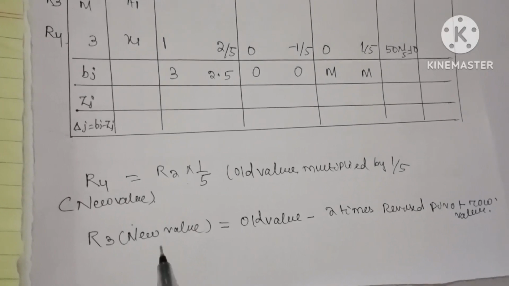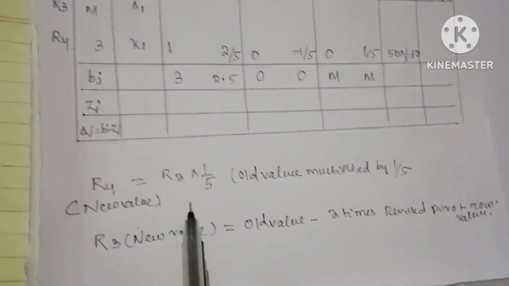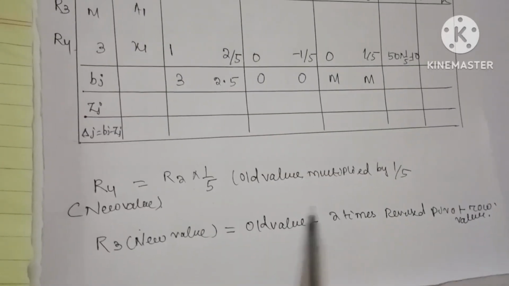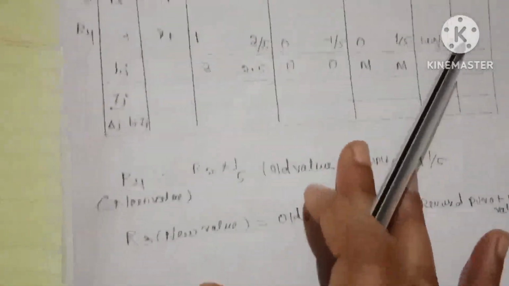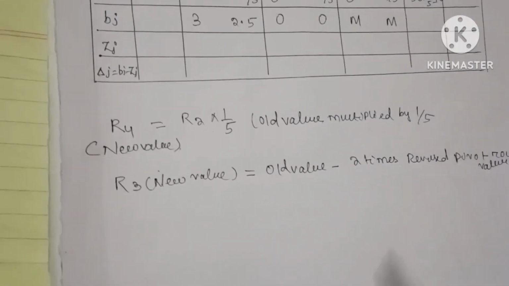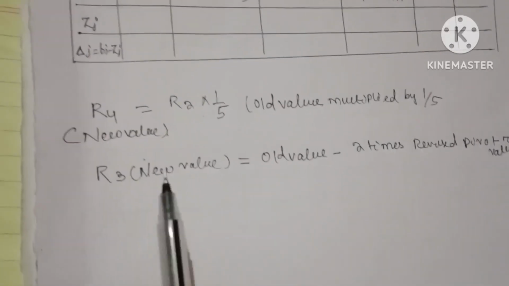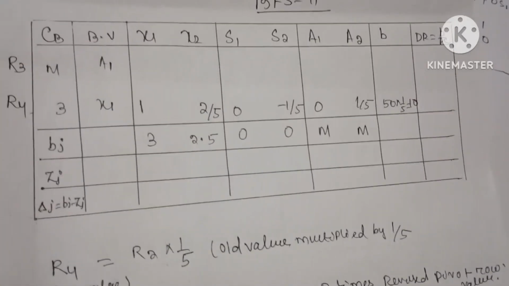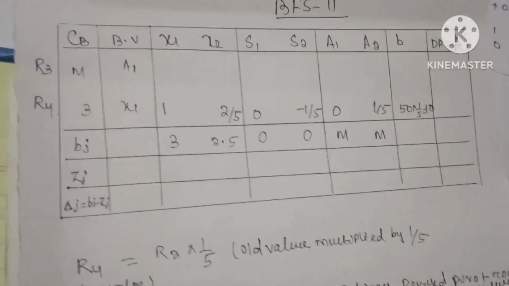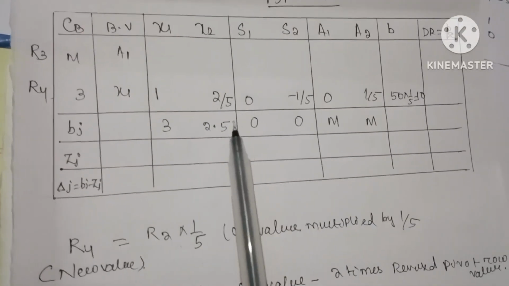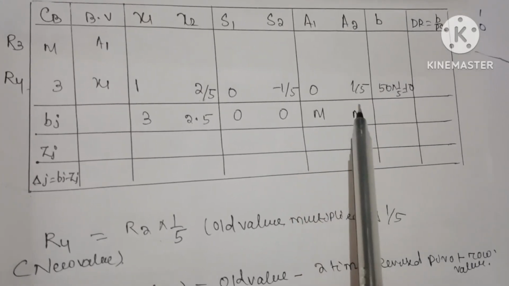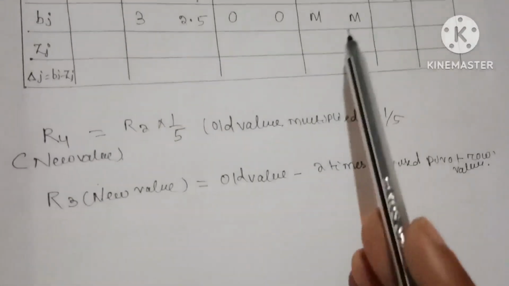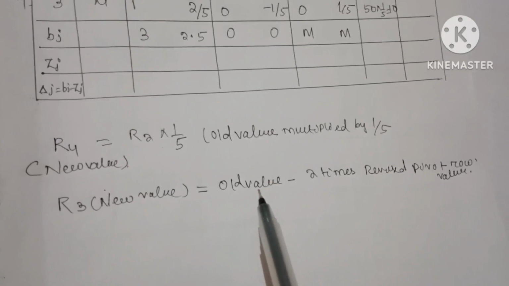With the help of this revised pivot row value, we can calculate the row 3 values. So just apply the formula. The revised pivot row values are 1, 2 by 5, 0, minus 1 by 5, 0, 1 by 5 and 10. So we have to calculate row 3.